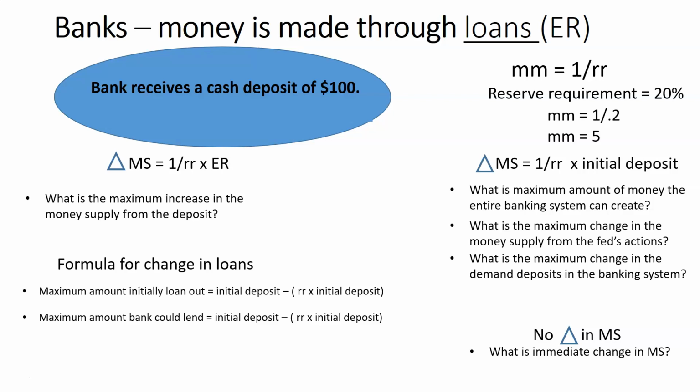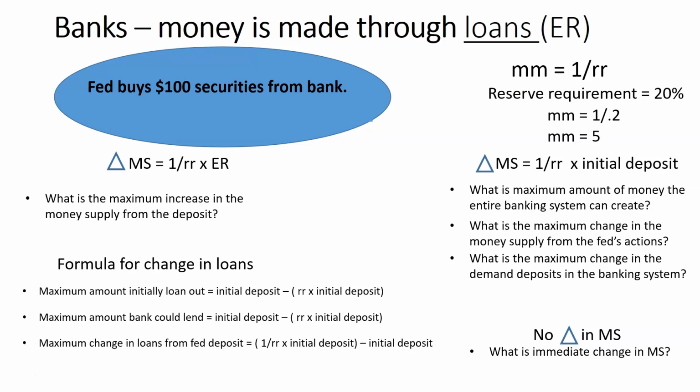The next question, the Fed buys $100 securities from the bank. The first question is, what is the maximum change in loans from the Fed deposit? So when we're looking at this here, again, what we're looking at is the change.